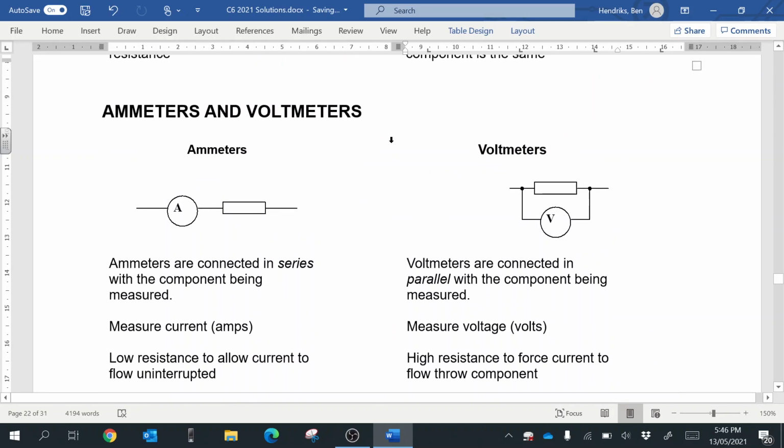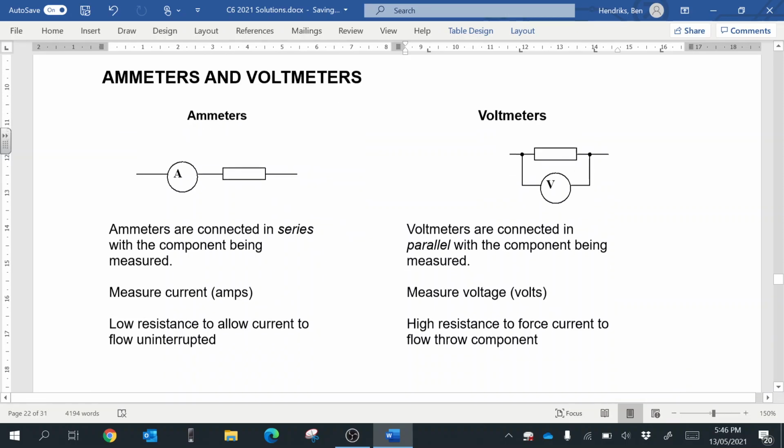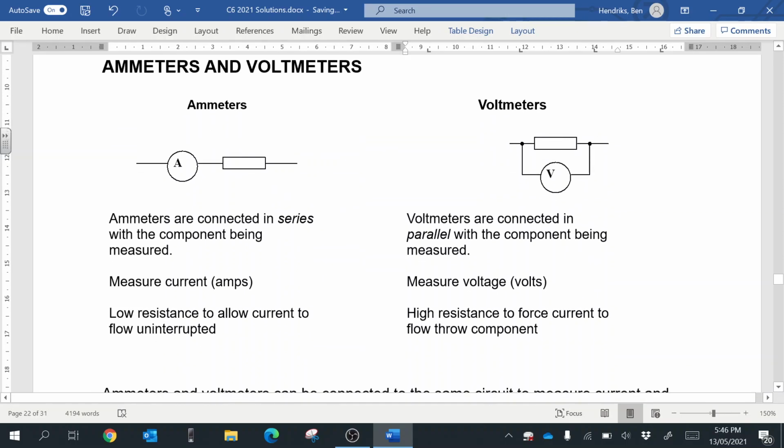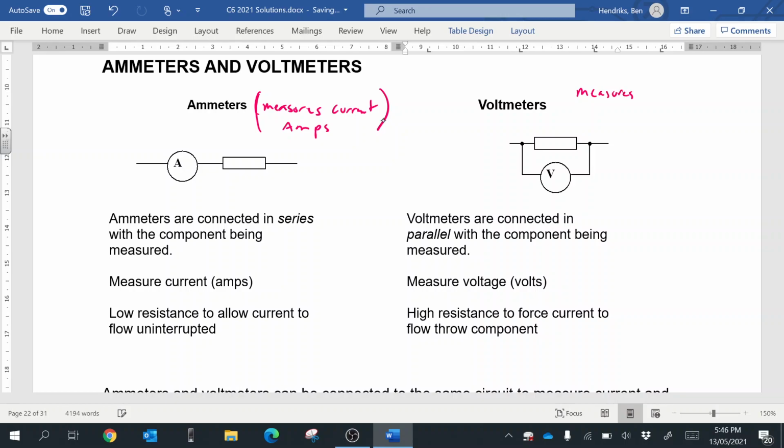You want to have an understanding of series and parallel connections when we're talking about ammeters and voltmeters. An ammeter measures the current, in amps. A voltmeter, probably unsurprisingly, measures the voltage, in volts.